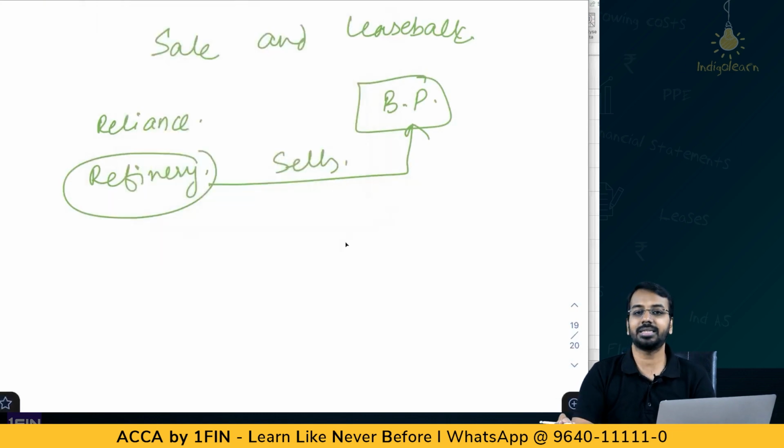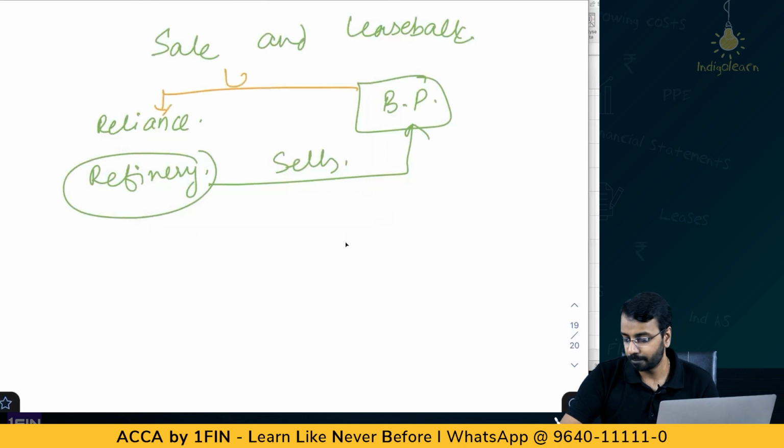And under the same arrangement, British Petroleum leases the asset back to Reliance. So Reliance sells the refinery to BP, that is British Petroleum, and British Petroleum leases the same refinery back to Reliance, right? Now, this is a transaction where there is a sale and there is a lease back.